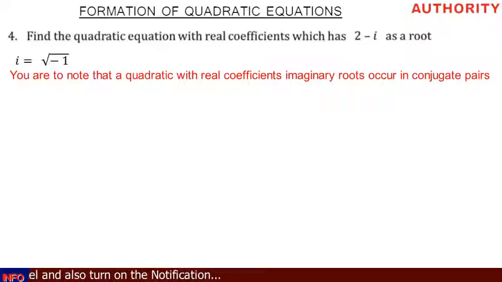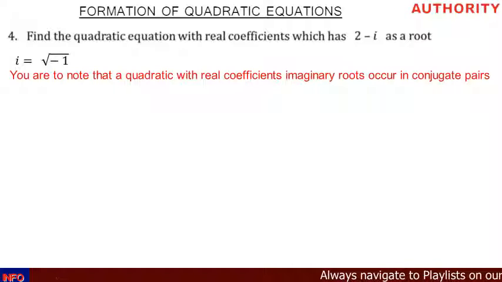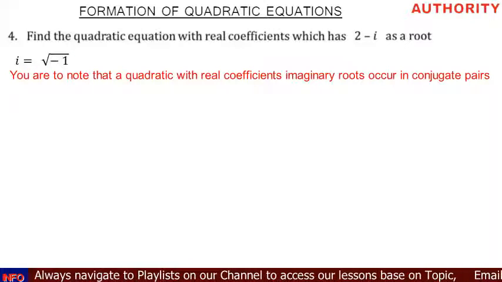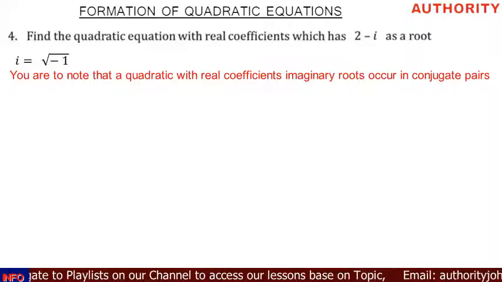Here I want you to note that a quadratic with real coefficient, imaginary roots occur in conjugate pairs. That is to say that this 2 minus i usually occurs in conjugate pairs.